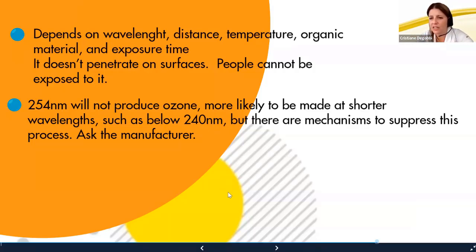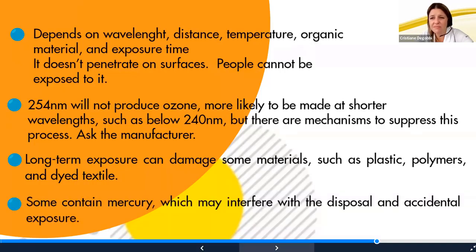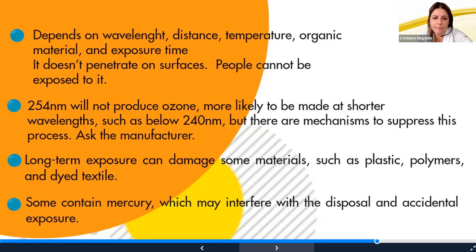So ask the manufacturer if the lamp produces ozone. Long-term exposure not only damages your skin and your eyes, but also some materials, such as plastic, polymers, and dyed textile. Some contain mercury, the main ones will, which may interfere with disposal and accidental exposure. If you can avoid those, that's okay, but I'm not against you using them.